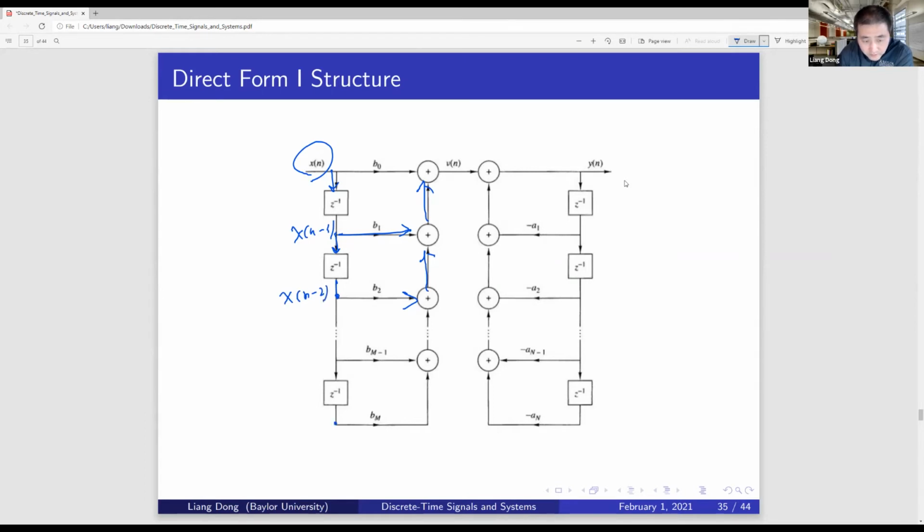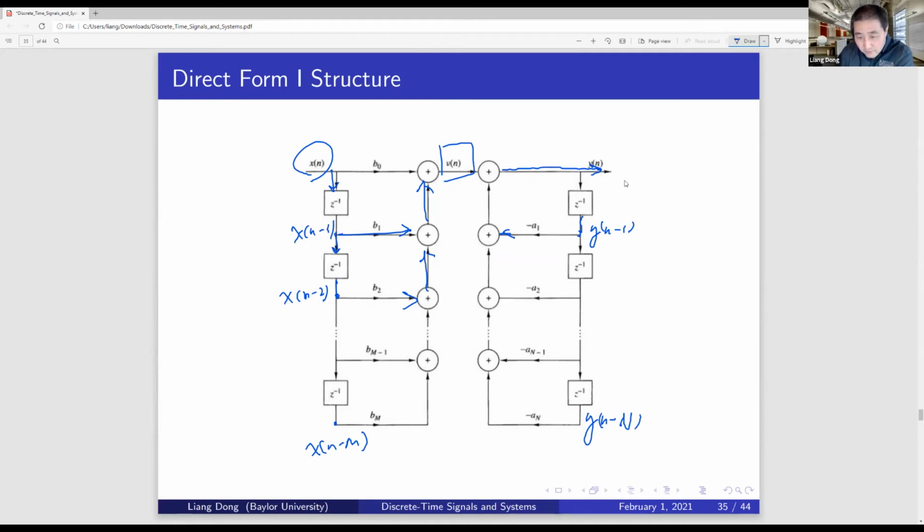And at this branch, I have x[n minus capital M]. Then you feed forward, adding together, which gives you the intermediate result v[n]. On the right we have a feedback from y[n]. Then you feed back, coming back here. At this point it is y[n minus 1], and all the way to here is y[n minus capital N].